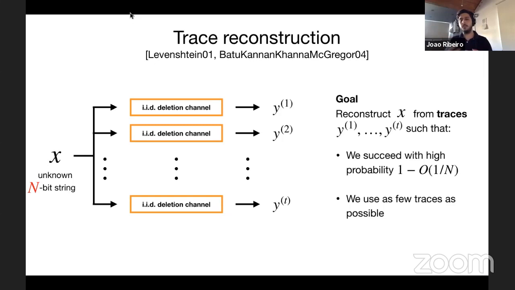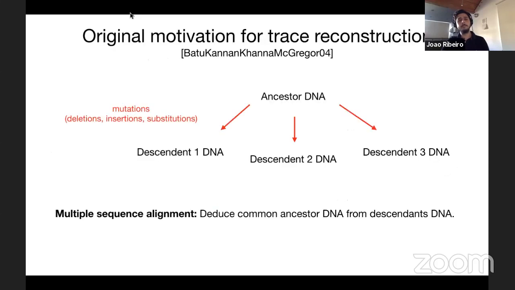Here, high probability we take to mean roughly 1 minus 1 over n, where n is the length of X. And also, we want to minimize the number of traces that we use. This was introduced first by Levenshtein in the combinatorial setting, and then by Batu et al. later in this IID setting, which is the one we're most interested in.